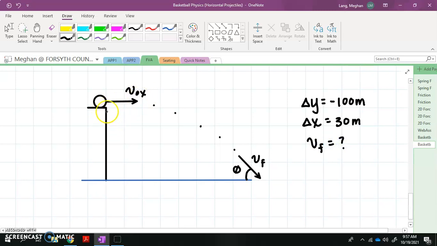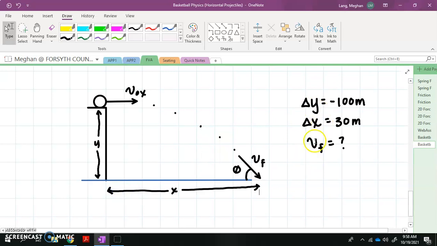So since my delta y is 100, that makes this distance right here, my y distance, 100. Sorry, those arrows were a little shaky. Okay. And then my x is going to show you that 30 is this distance right here. Okay.